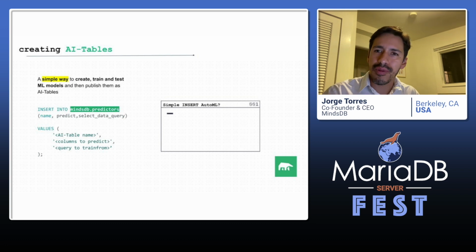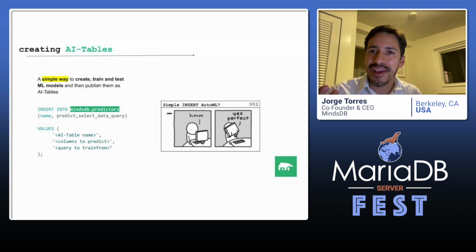We thought about this for a while, and we realized that perhaps a simple way to do this is to bring AutoML into the mix and use a simple insert statement that does exactly that. So you insert into a magic table called predictors, where you specify the columns that you want to learn, the data that you want to learn from, and the name of the table that you want to expose this as.